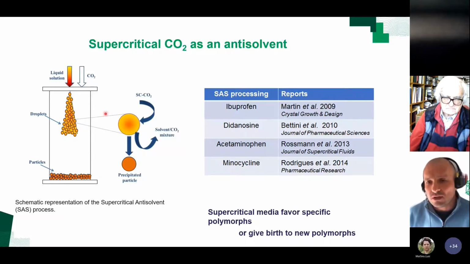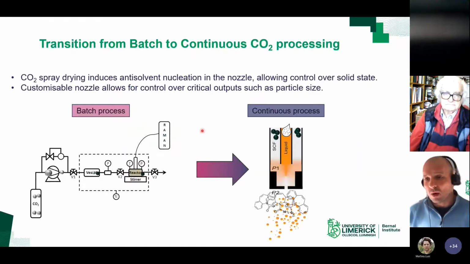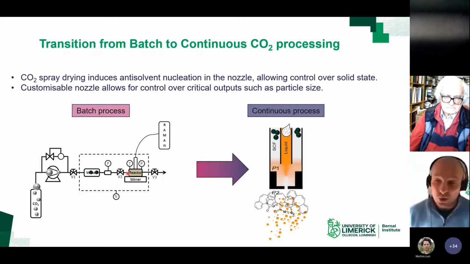So converting this into an atmospheric pressure spray drying method will be the way to go. That's what our group has been doing, which is converting a batch process that I was using before, where everything happens in a high pressure vessel. If you want to scale it up, you need to scale up the size of the vessel, or use a SAS process like before, where you're spraying this drug solution into a high pressure chamber.